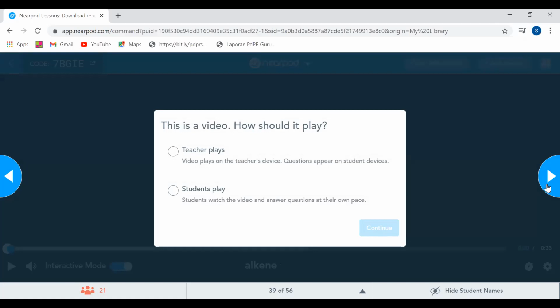Brown to colorless. What is another chemical test for alkene? Acidified potassium manganate 7 solution. If you don't have the word solution, your answer is also wrong. What color changes to what color? Purple to colorless.